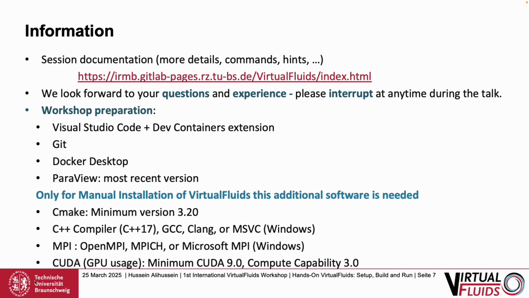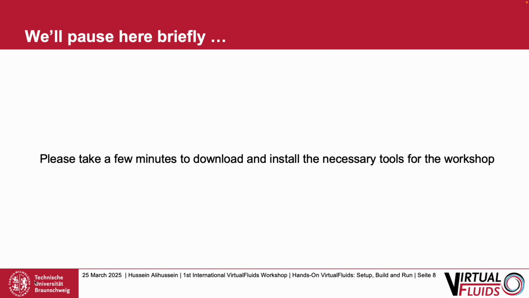This is the minimum prerequisite to install the code on your machines with Docker. If you would like to use the code without Docker, you need to have CMake, a compiler, MPI, and CUDA.